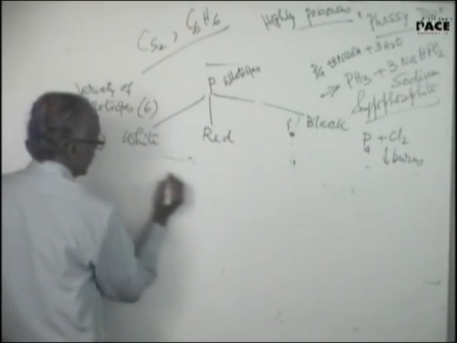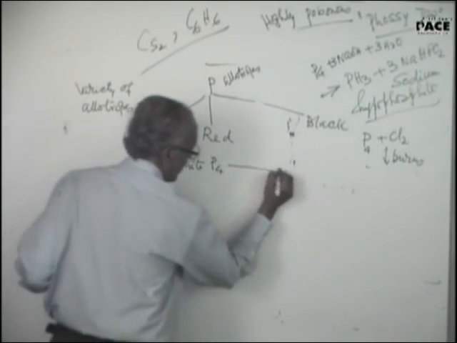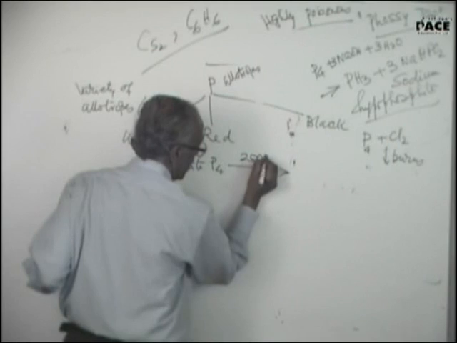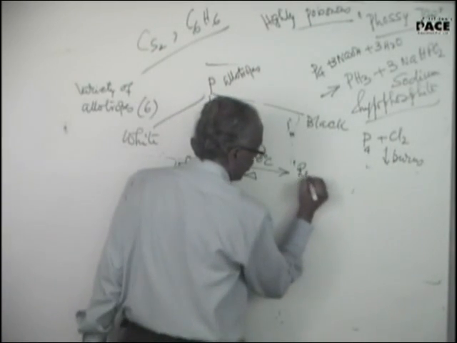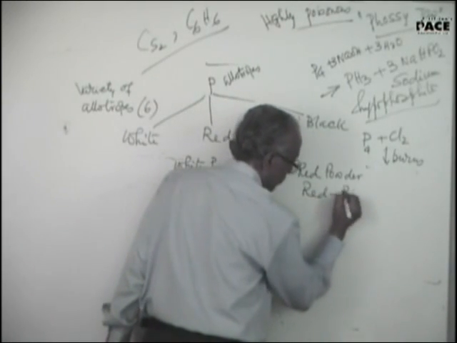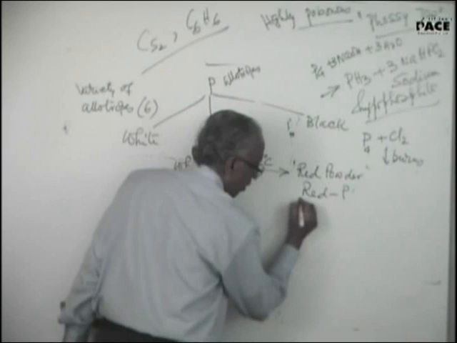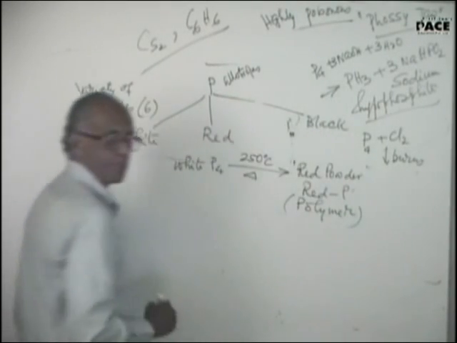White phosphorus, when it is heated to 250 degrees Celsius, changes to a red powder, that is red phosphorus, which is polymeric in nature.